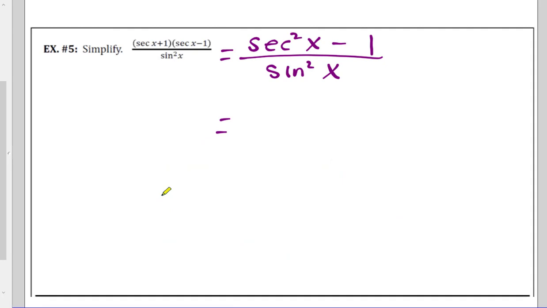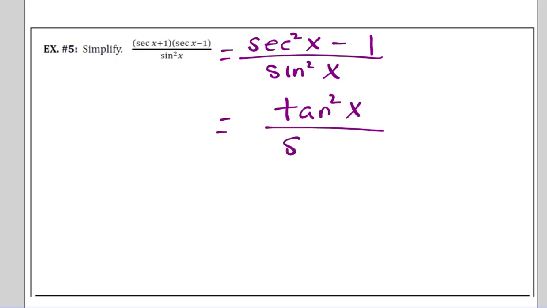Okay, everybody see that? Just tangent squared x over sine squared x. Okay, now what do you think we might do?